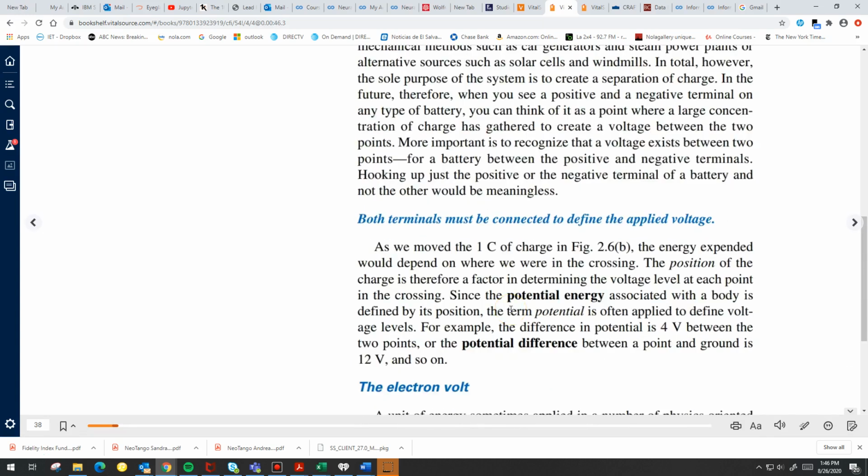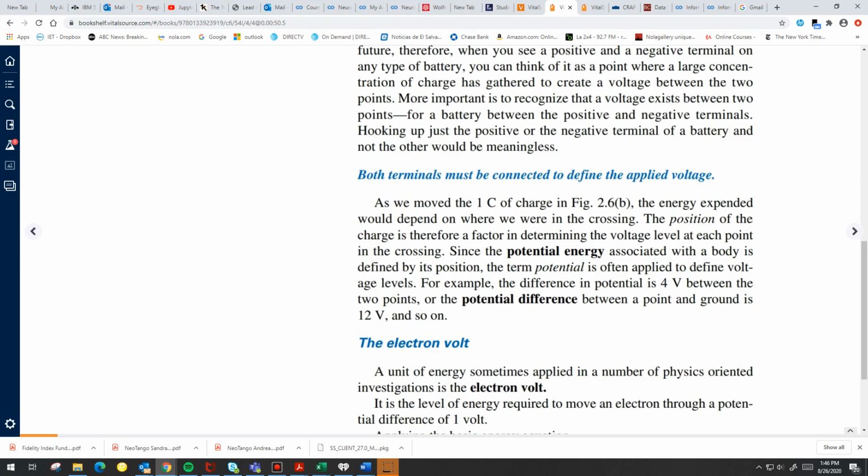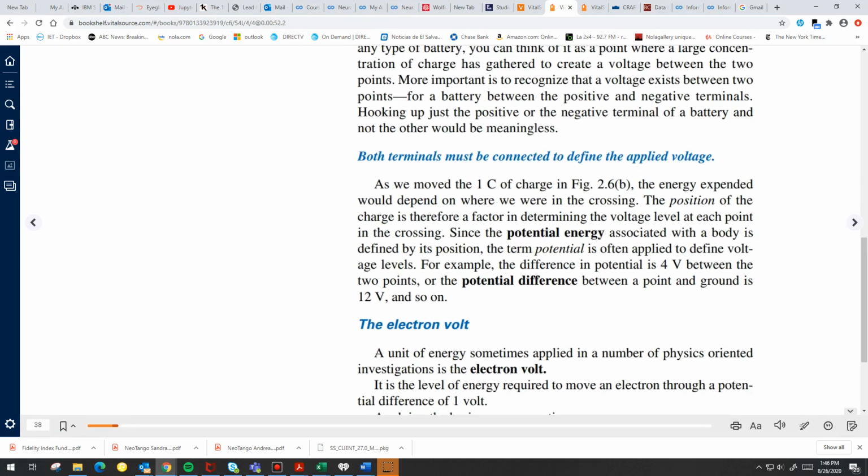All right. We said also that voltage can be described as the potential difference between 2 points. It is another way of describing voltage.